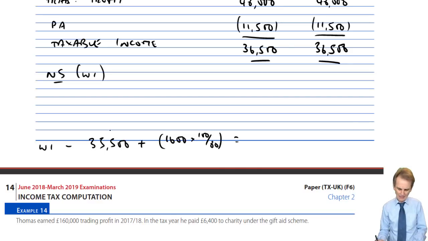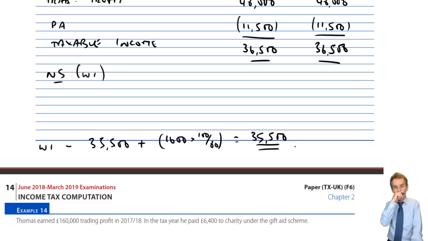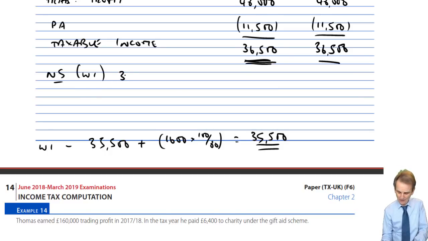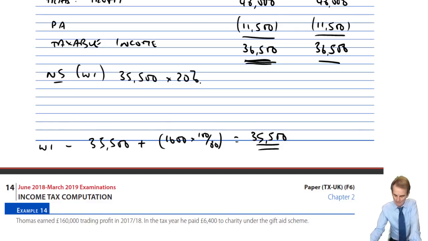Now, that 2,000 added to 33,500 takes us up to £35,500. So it means that instead of taxing just 33,500 of the taxable income of 36,500 at 20%, we get to tax now 35,500 at 20% using our extended basic rate band limit.